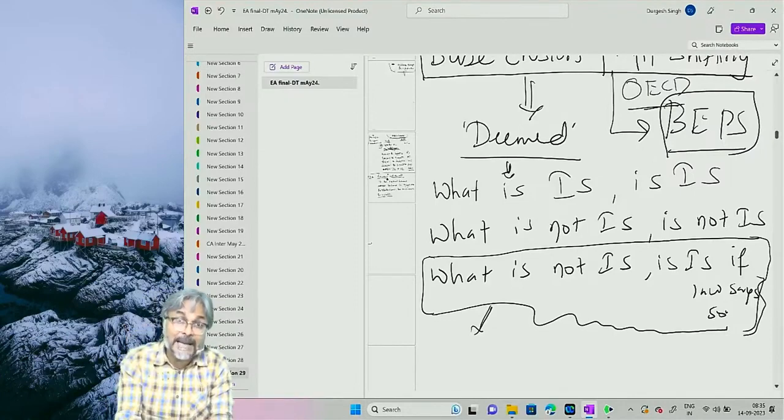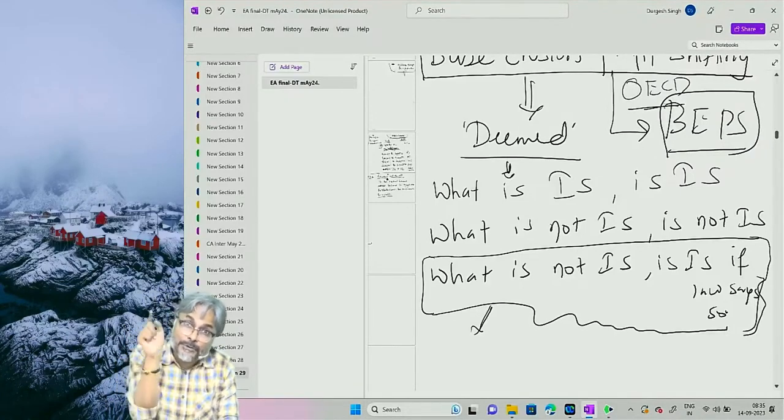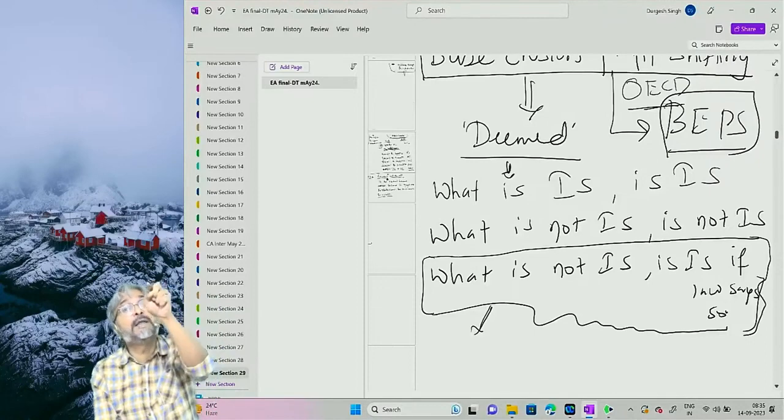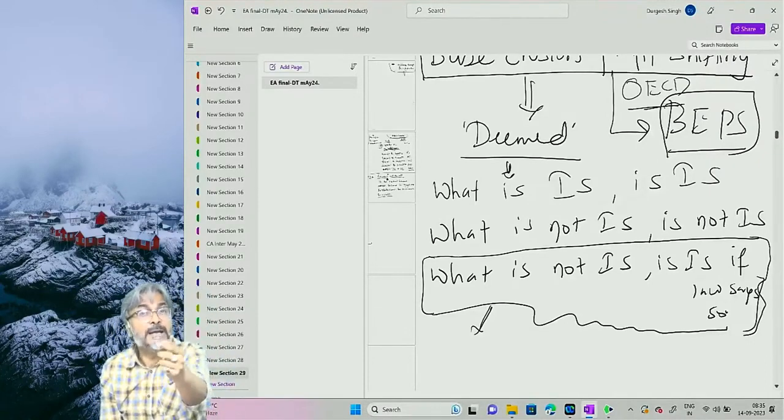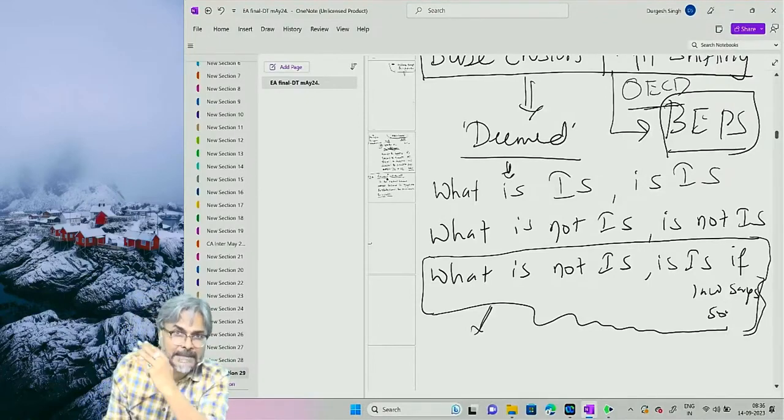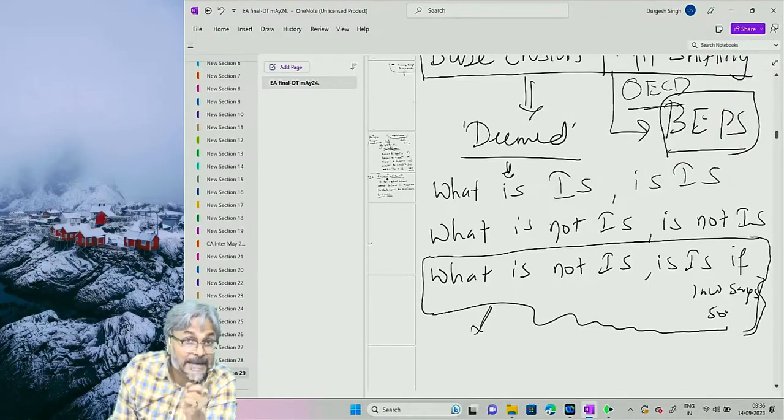Does India have a legitimate right to introduce those sections? Yes, provided they have a territorial nexus with that income.